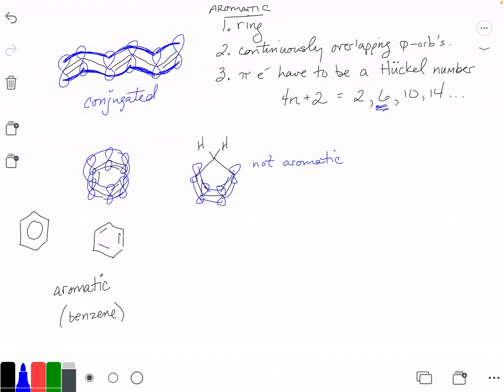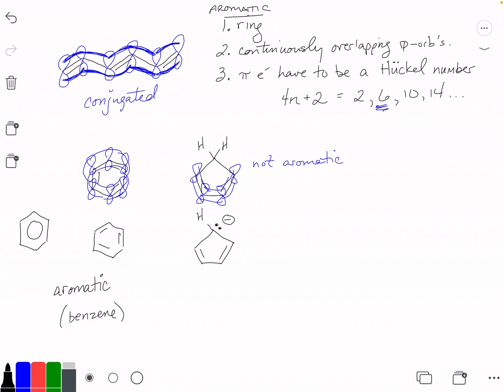If we were able to remove a hydrogen from this molecule, we could think about the molecule having lost a hydrogen, so the cyclopentadienyl anion. Now we have 1 hydrogen up here. We have a situation like this.